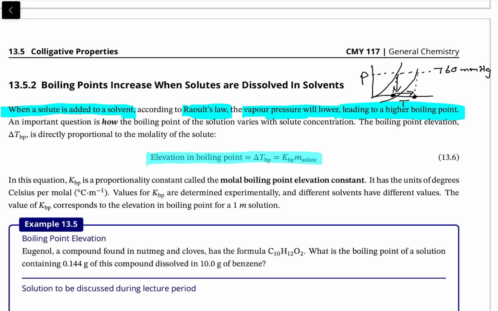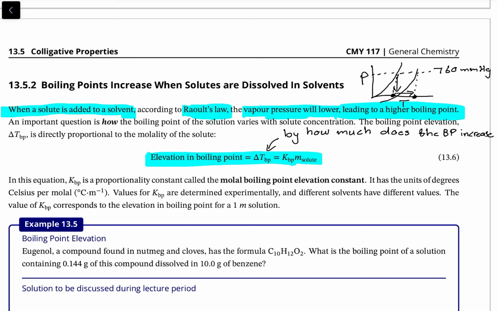So the elevation in boiling point, or the change, you notice it's a change value, it's a delta T. So this tells me by how much the boiling point increases.